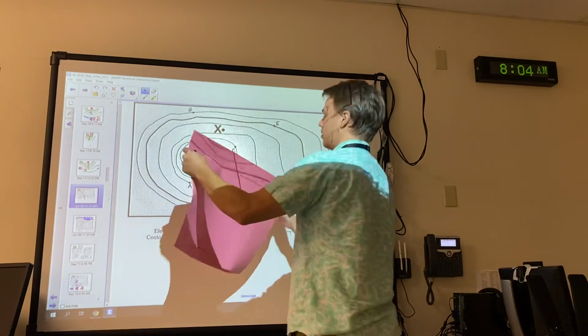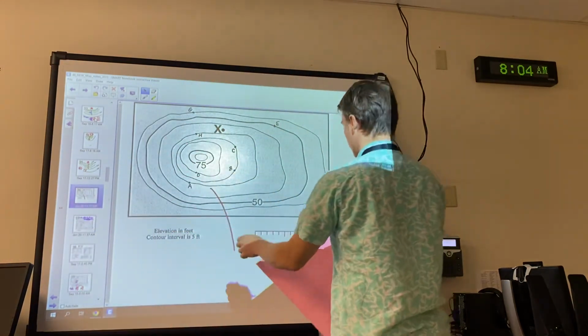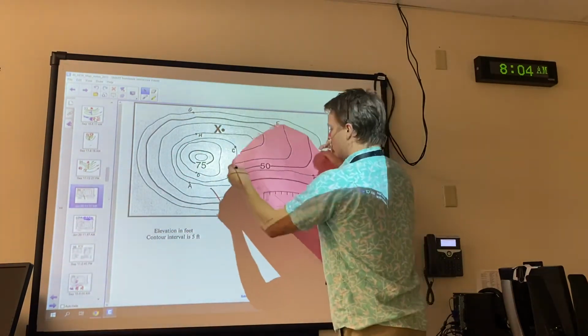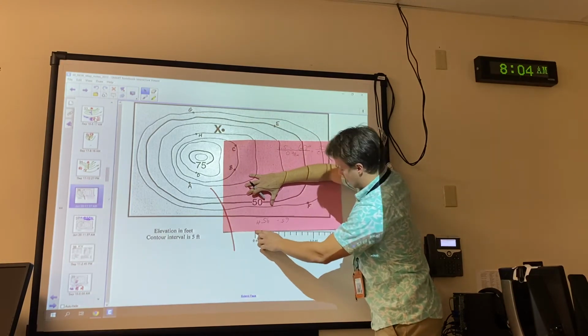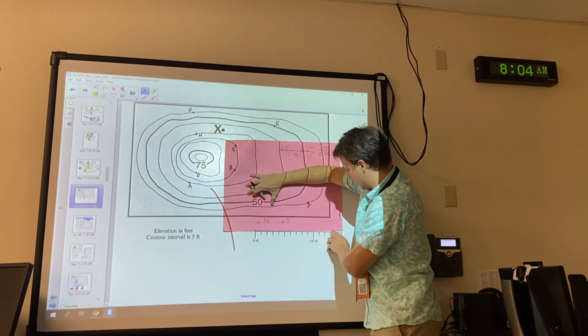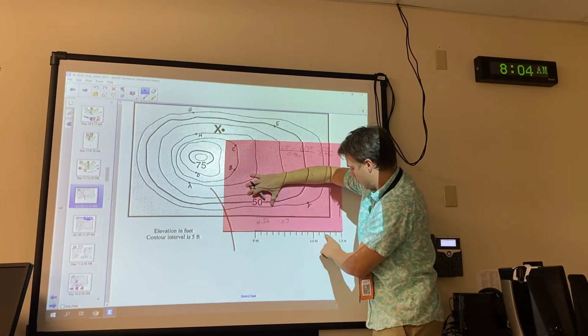Nice. There we go. That's going to be our distance. Just going to line up this first little mark with 0, and then this is going to be the distance, just about 1.1, 1.2, 1.3, a little bit less than 1.4.